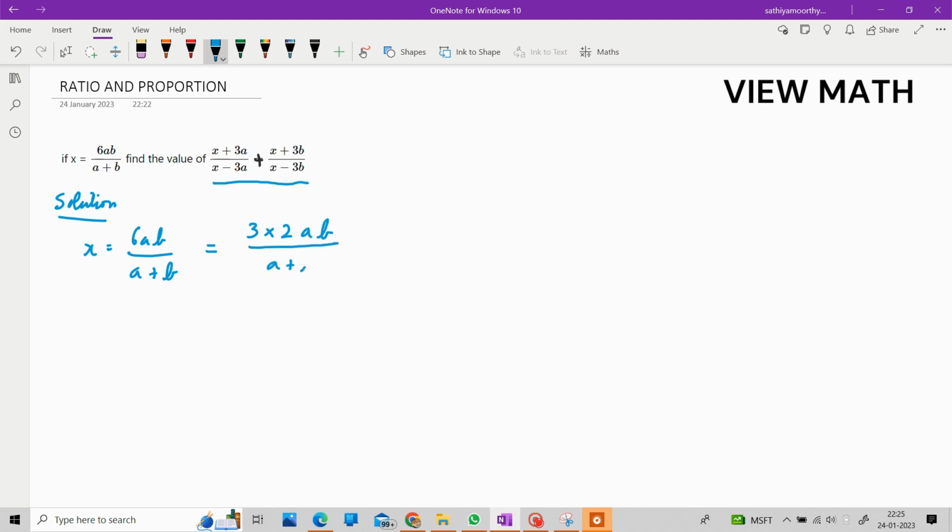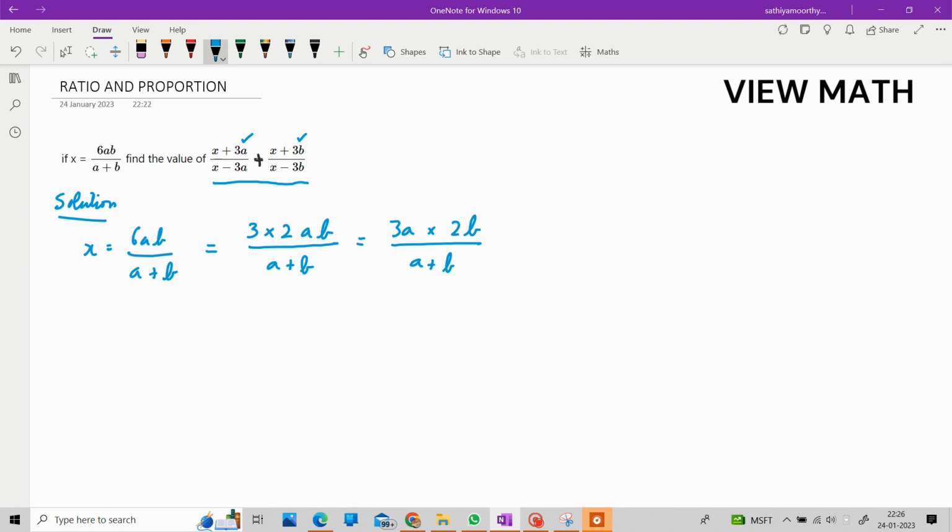Again I can write this as 3a into 2b by a plus b. Why I am splitting like this is, you can see in the question x + 3a is there and x + 3b is there.